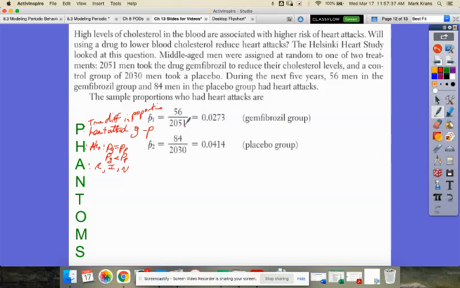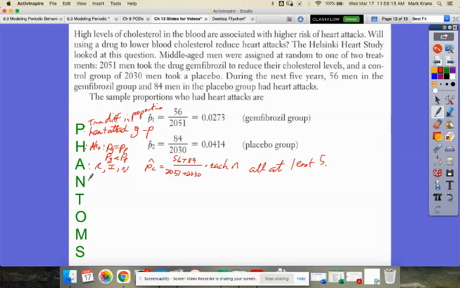And normal: if we did our p-hat combined, it's basically 56 plus 84 over 2051 plus 2030, but it's basically going to be about 56, about 84, which are all way greater than 5, okay, times each n. And the q-hat combined would be just the complement to this times each n. And all of those need to be at least 5. Okay? If you run your test first, you can then just get the p-hat combined off your calculator and go back and fill these in.